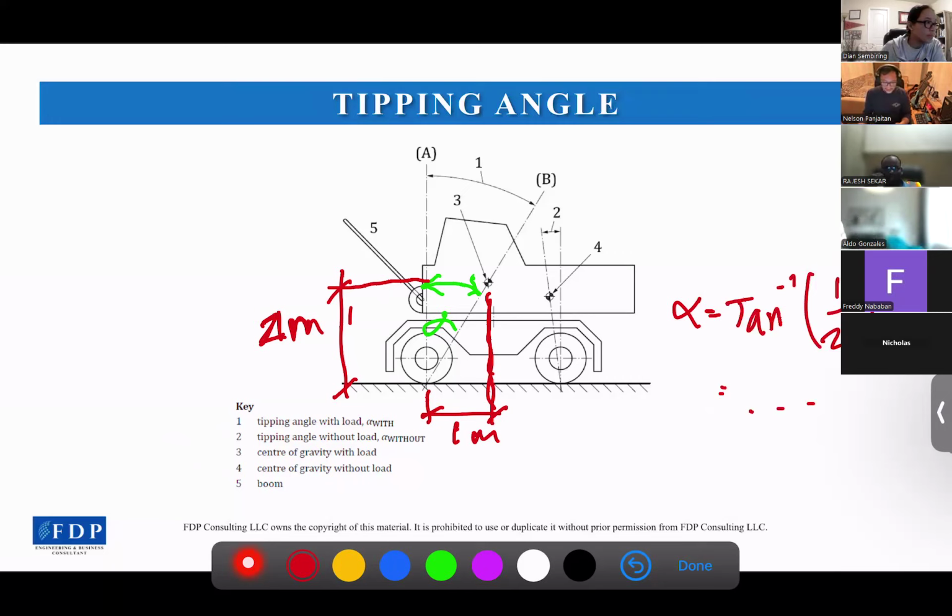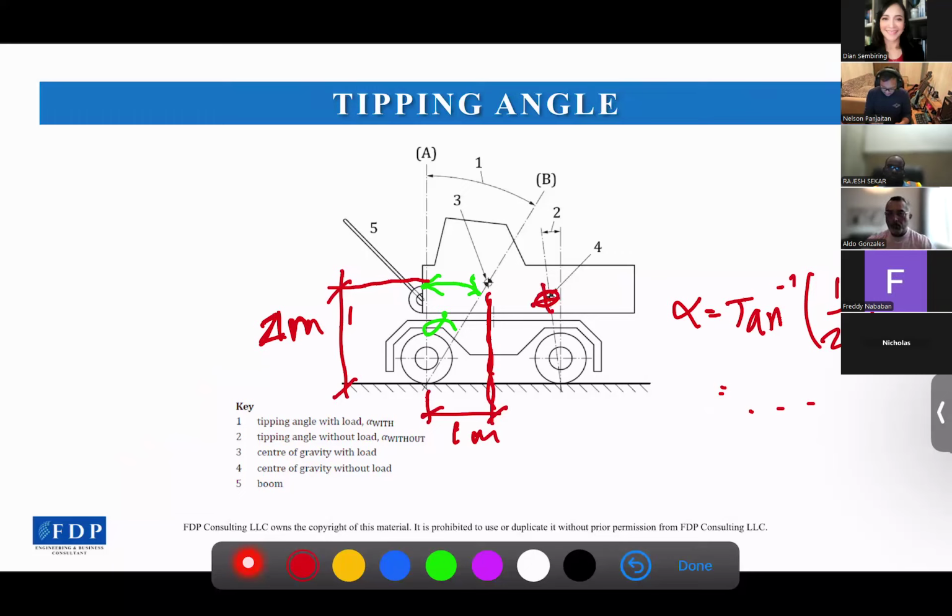But if the COG is close to the rear tipping point, like this, then we will measure the tipping angle based on the rear tipping point, like here.